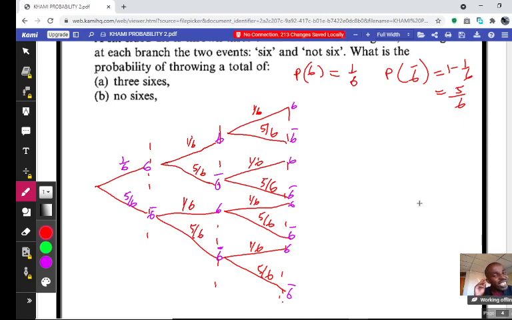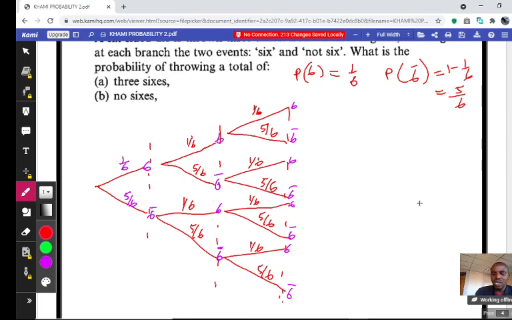So wherever there is a 6, you just have to put 1 over 6. Not a 6 is 5 over 6, that is 1 minus the probability of a 6. Take note of that.